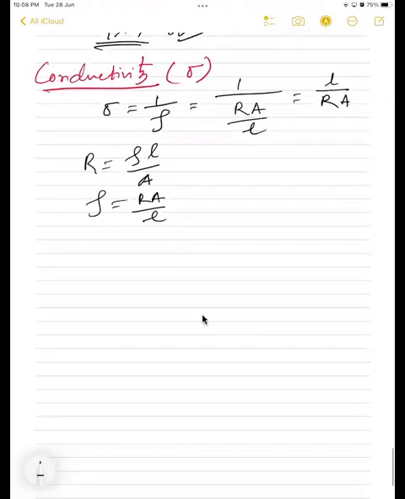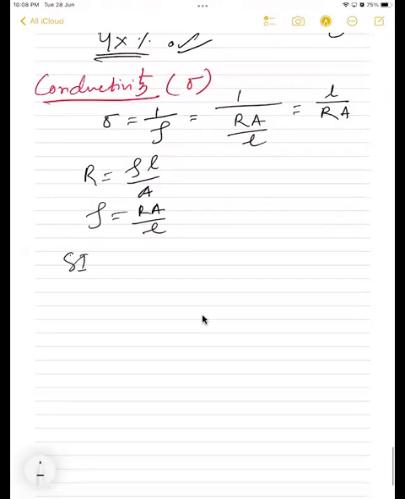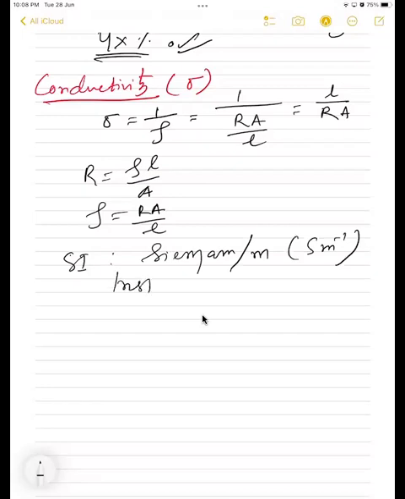If I talk about its SI unit, the SI unit is Siemens per meter, that is Siemens meter inverse. For perfect insulators, conductivity is equal to 0, and for a perfect conductor, sigma is equal to infinity.